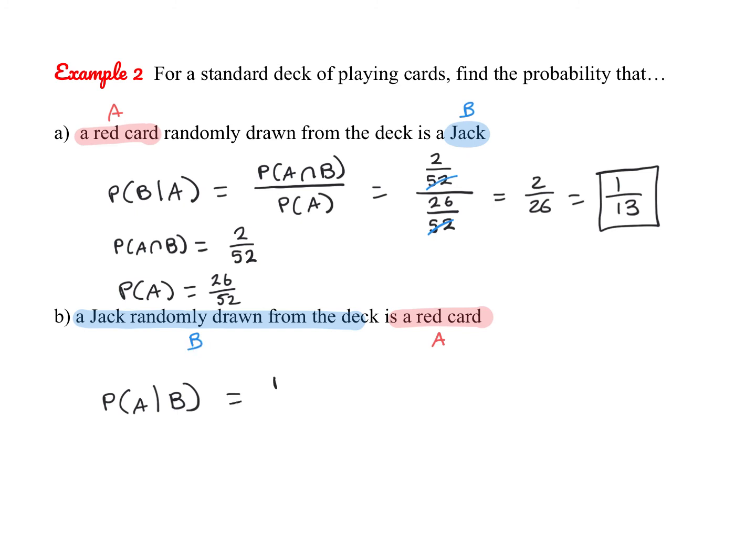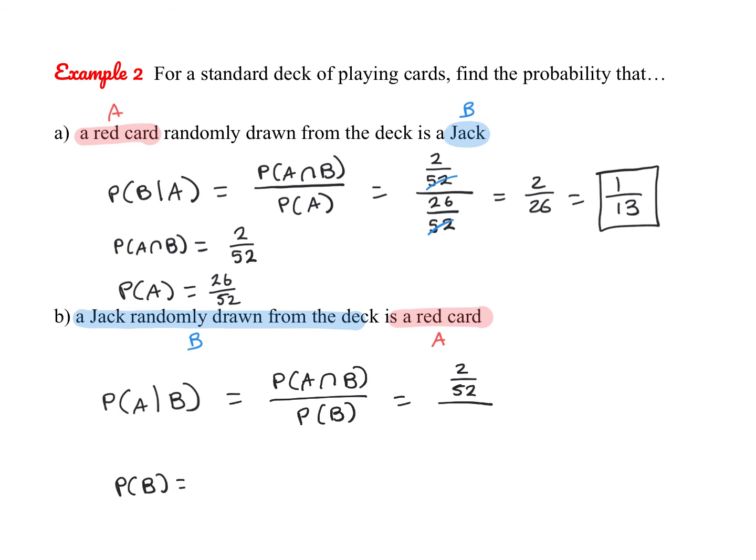So we're going to do the probability of A and B, the intersection of A and B, divided by the probability of B. Well, we already know the intersection of A and B is 2 over 52 from part A, but we still need to find the probability of event B, which is being a jack.